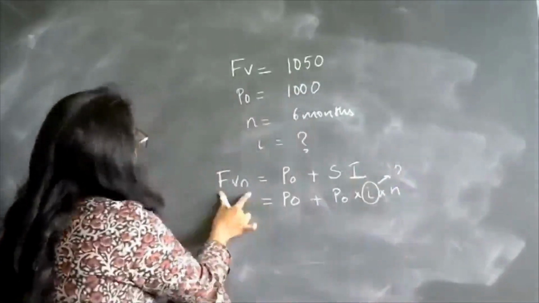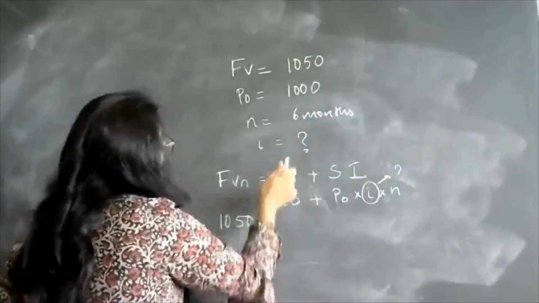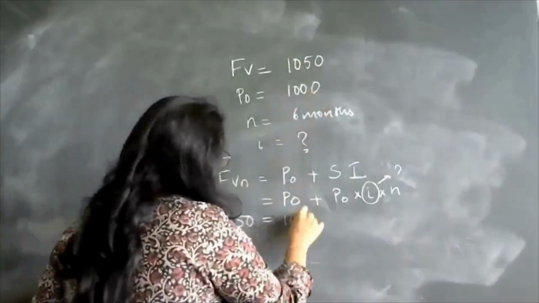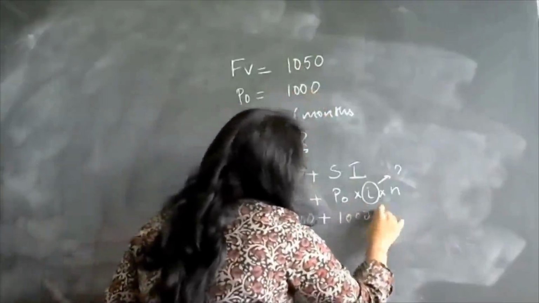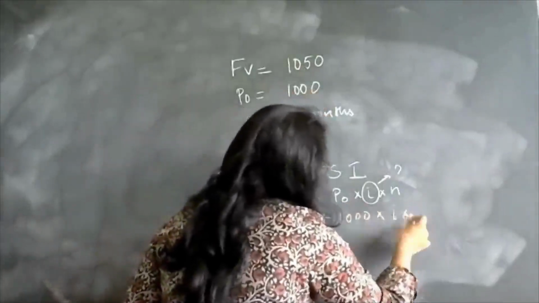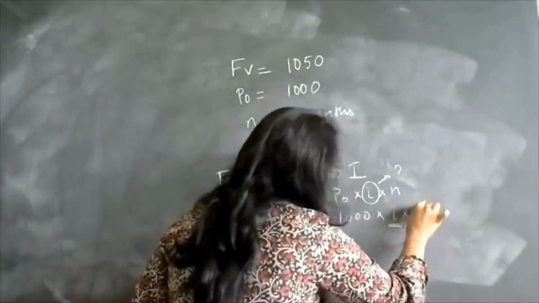Future value is given to us, it is 1050. Present value is given to us, it is 1000, into the interest rate, which we have to find, divided into 6 months.